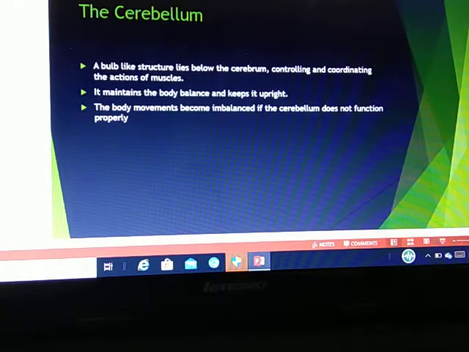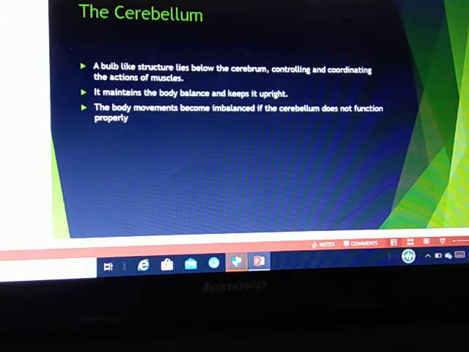So this whole balancing of muscles, as well as balancing of our movement in our daily routine, is controlled by which part of the human brain? Then it is the cerebellum.